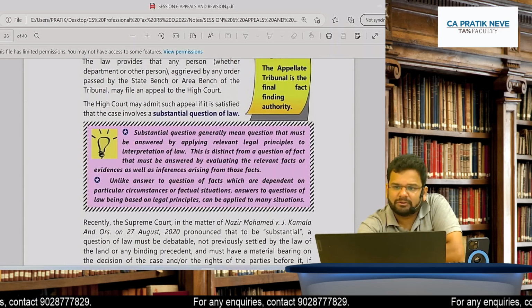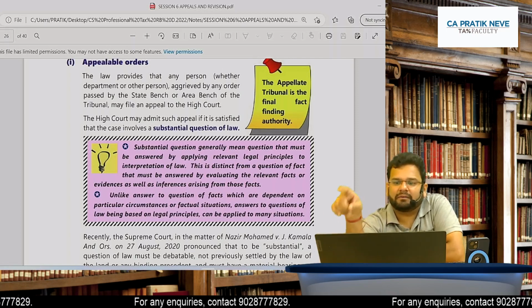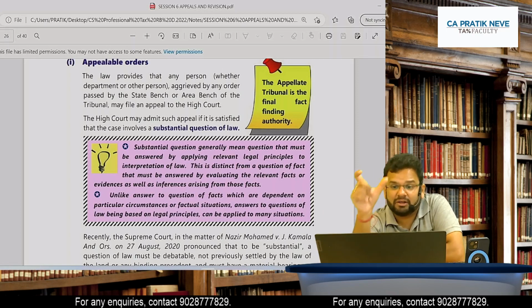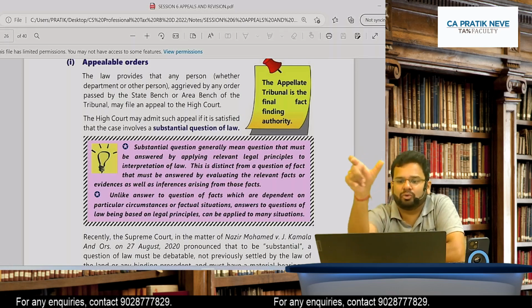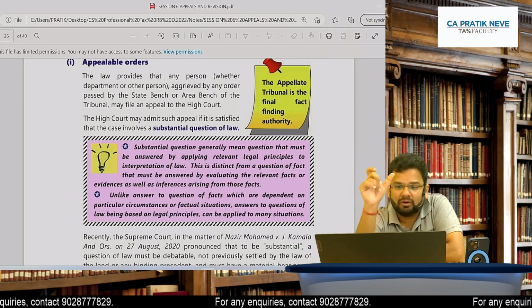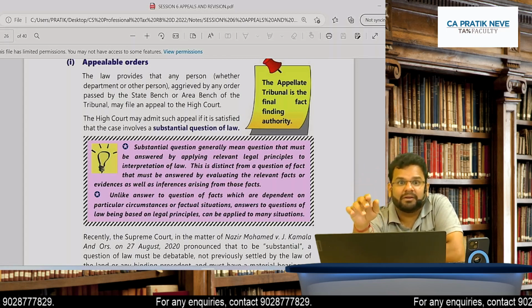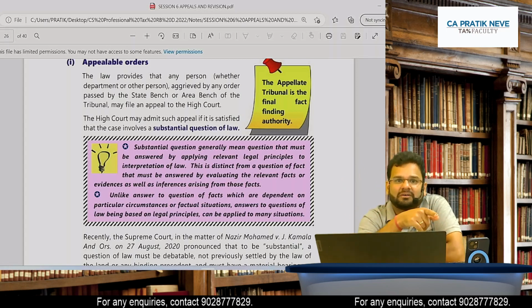Of course, you know this point, that the appellate tribunal is the final fact finding authority. Only cases involving a substantial question of law can go to the Honorable High Court. Questions of fact mean what the assessee is declaring, whether it is correct or not.